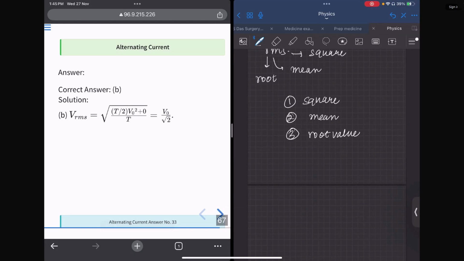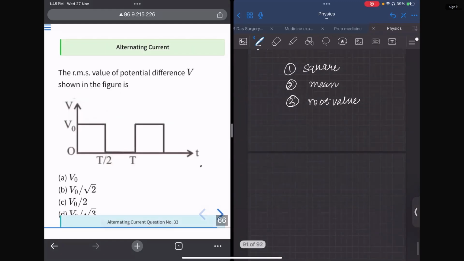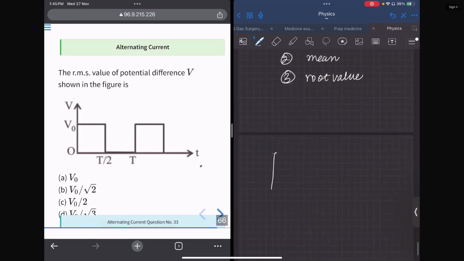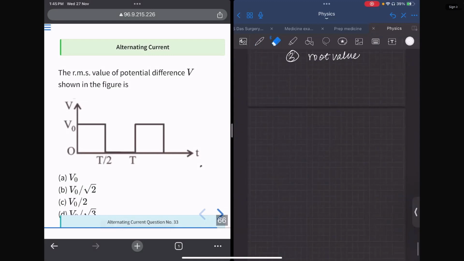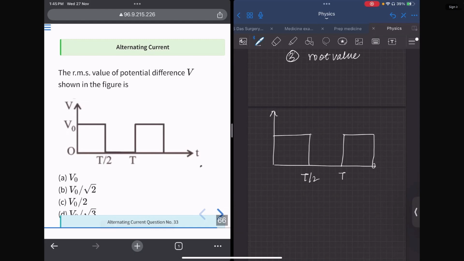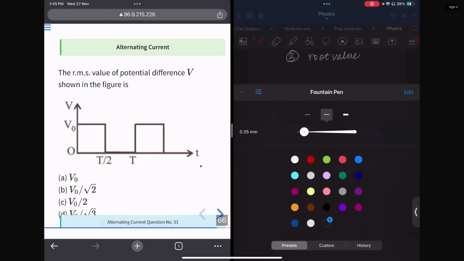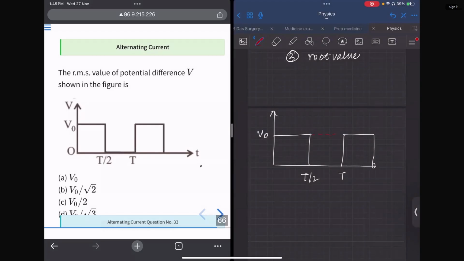In this case, this is t by 2, this is t, V naught. So we need to find the average or the RMS value from 0 to t.